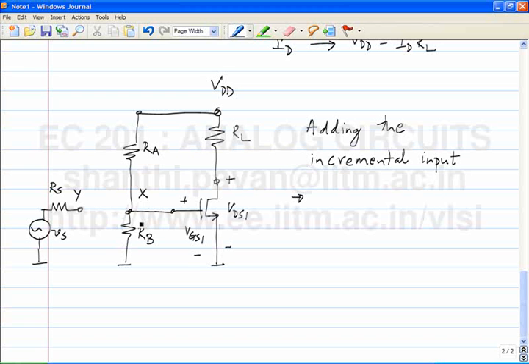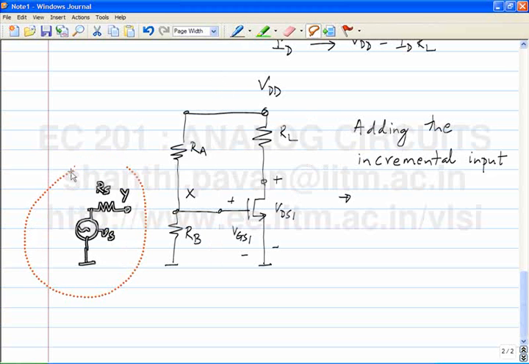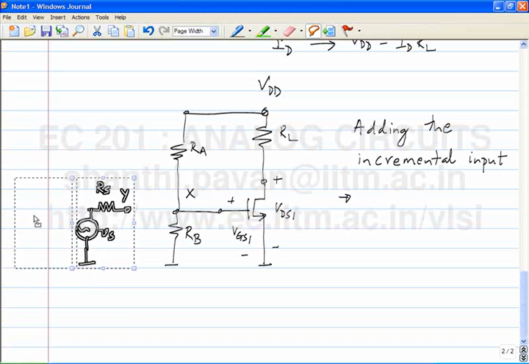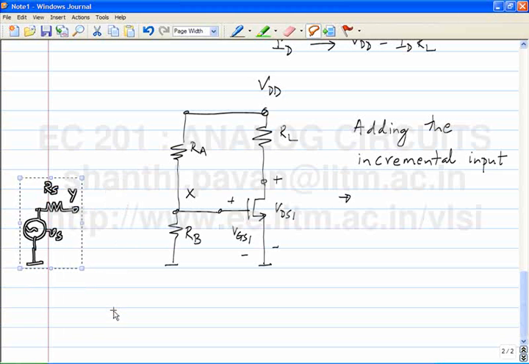The problem is that the DC potential at Y is not the same as the DC potential at X. So what is the fix? If you make the DC potentials at X and Y the same, then no current would flow when you connect the two. So if I want to make the DC potential of Y the same as that at X, what do you think I must do?